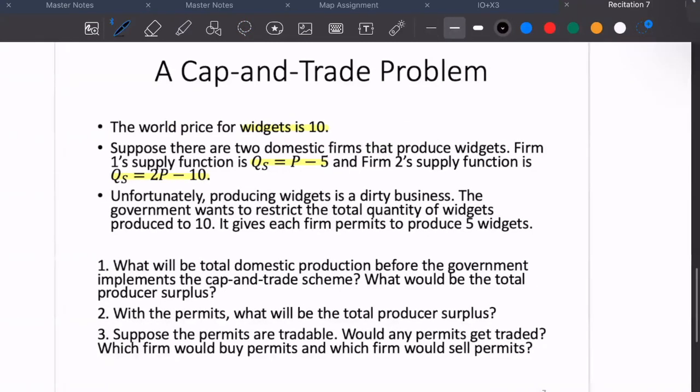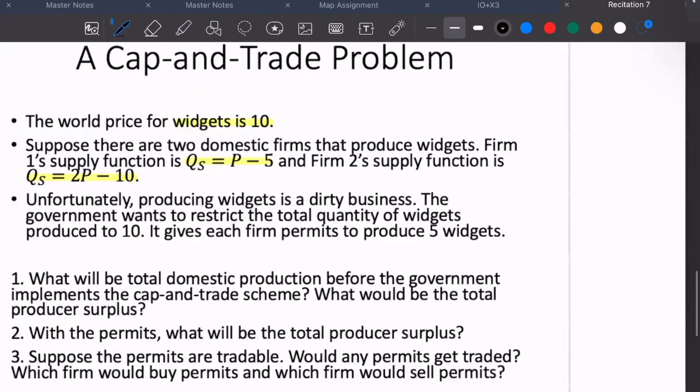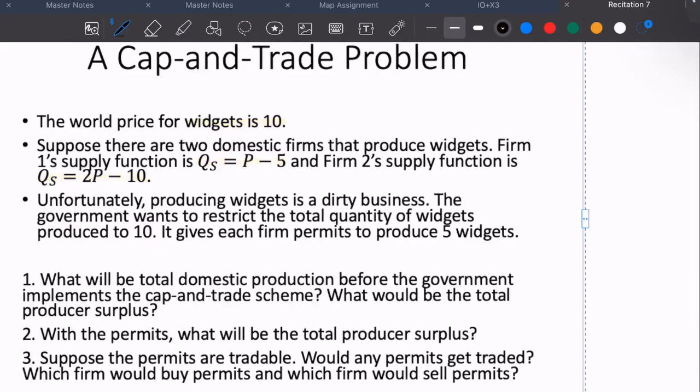So usually what I tell my students to do is that whenever we're given a direct supply function, convert it to an inverse supply function. And what that means is P in terms of Q. So in this case, Q equals P minus 5 would be P equals Q plus 5.